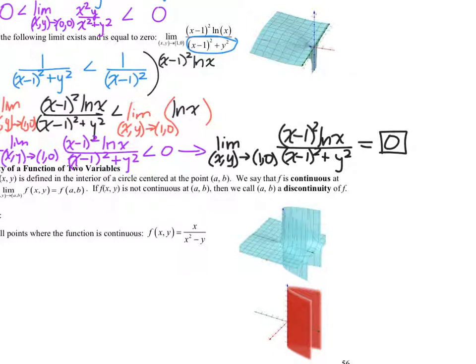There doesn't actually have to be a point there. If there's no point there, but you're still aiming from all directions for the same location, your limit would still exist. But if you drop the limit, you're telling me that the point exists there. So you're evaluating a function rather than finding the limit of the function. Those two things go hand in hand in order to address continuity, all right?